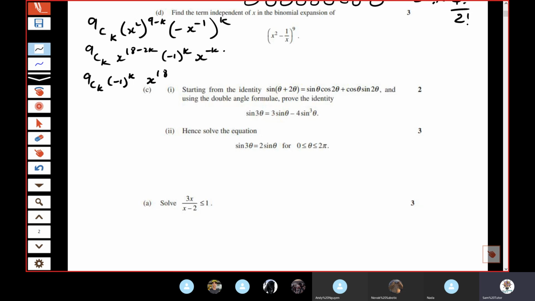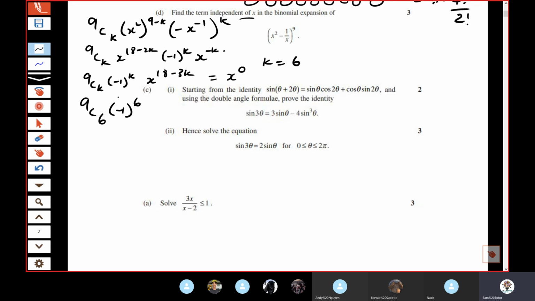That becomes x to the 18 minus 3k. Of course, that needs to equal x to the 0 because it's independent. That becomes when k is equal to 6. And that's what I meant by the answer is going to be 9 choose 6, negative 1 to the 6. So probably positive 84, not negative 84.